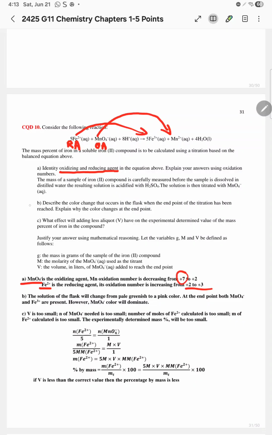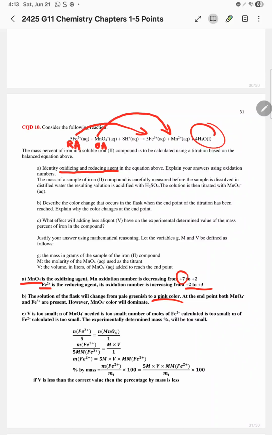Anyways, describe the color change when the point of titration has been reached. Now, we know that Fe2+ produces a green color, whereas Fe3+ produces a brown color. But here they said pink. Why did they say pink? Because we have water. Water balances out the color.